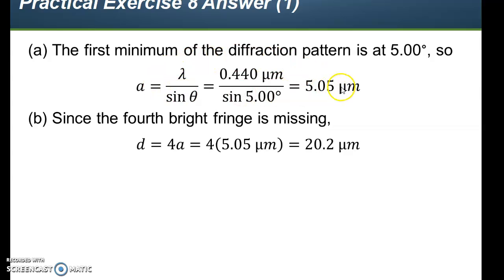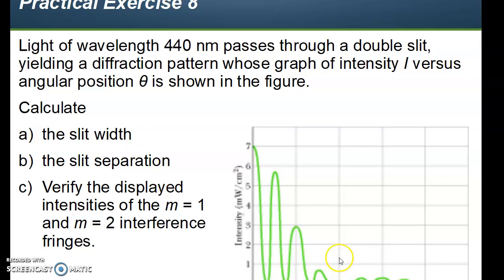That's the first minimum. So for this wavelength, this is going to be the value of a. And that's because this occurs at 5 degrees right here.